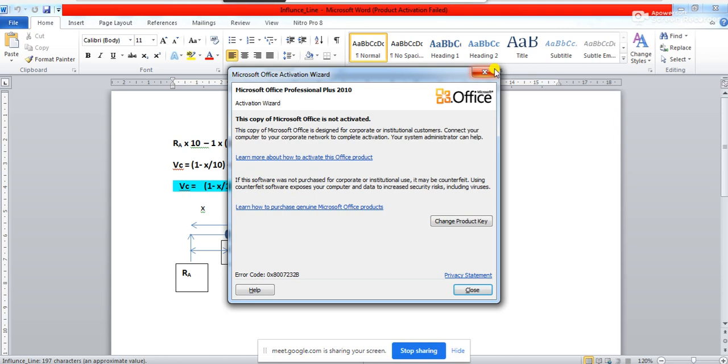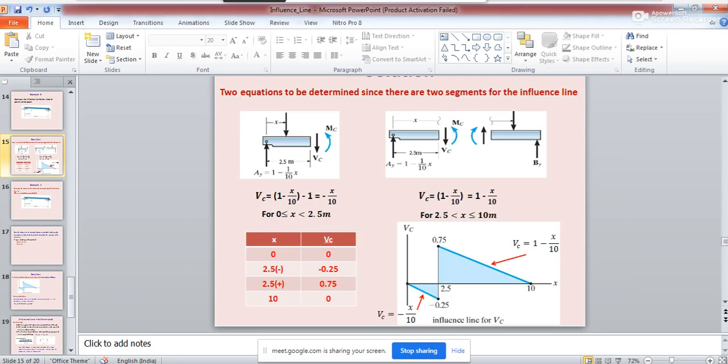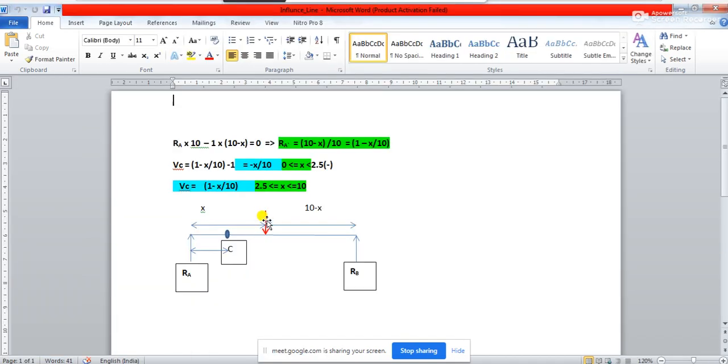So how do you get it? For finding the shear force at C of this beam because of the moving load, the load is just entering the beam, moving over it, coming to the left of C, crossing point C, moving to the right of C, and then going to the support B and going out.